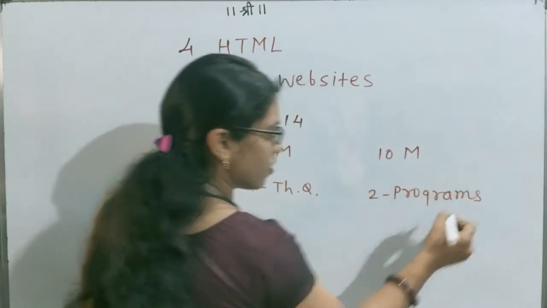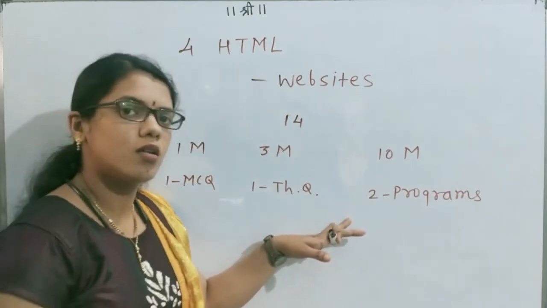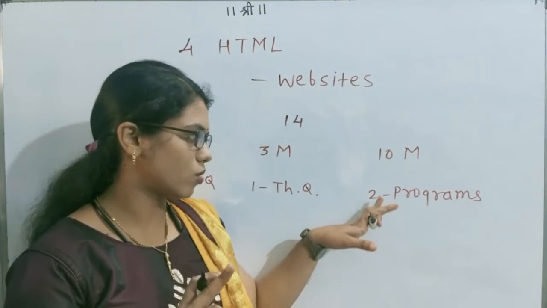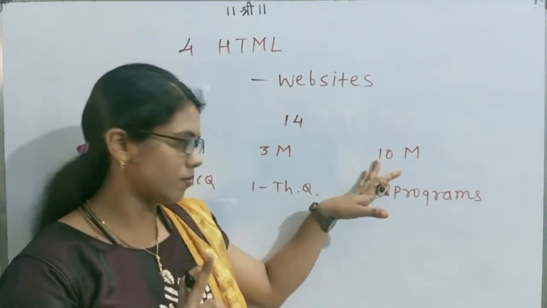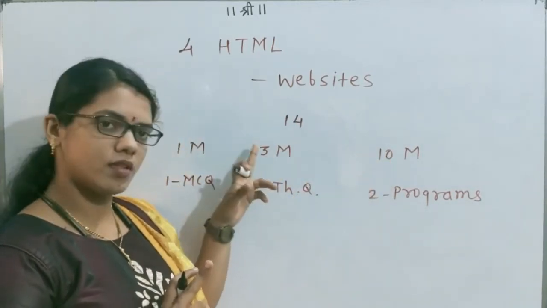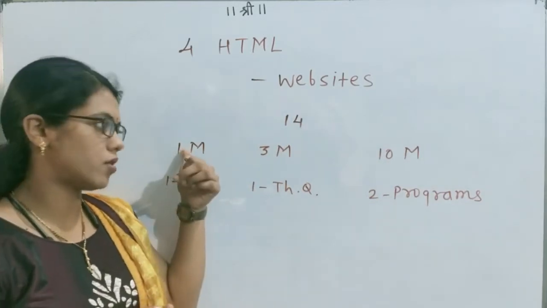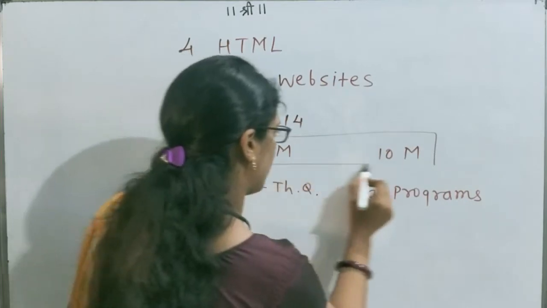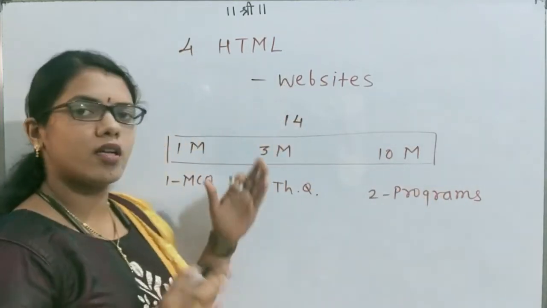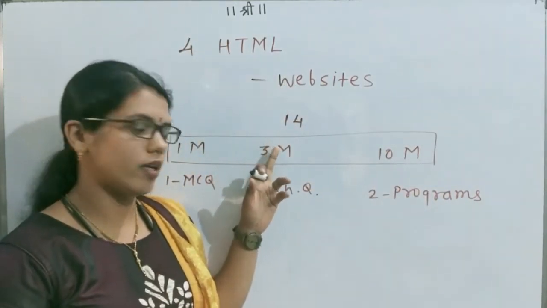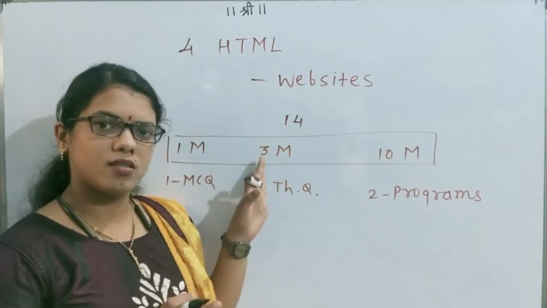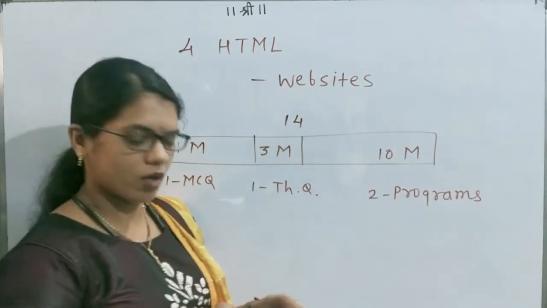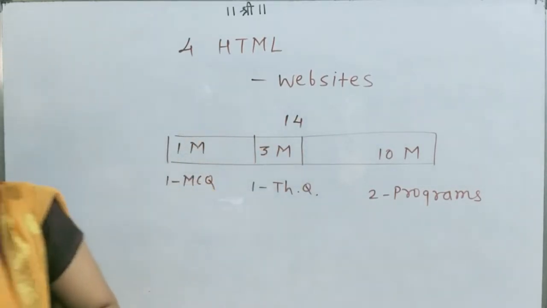In question number 5, you have to solve programs, and 2 programs are from HTML, so 10 marks for programs, 1 theoretical question of 3 marks, and 1 mark for MCQ. So total 14 marks for the HTML chapter. For theory exam orientation, this chapter has very less weightage. Only a single question is asked. So the chapter is very easy and very interesting.